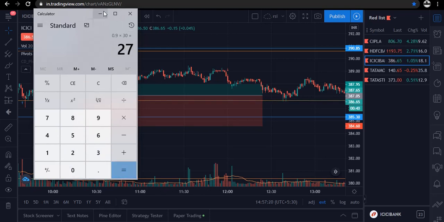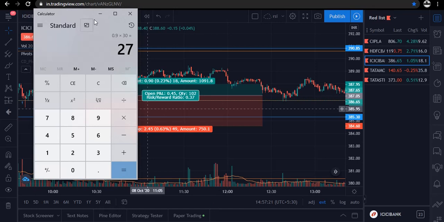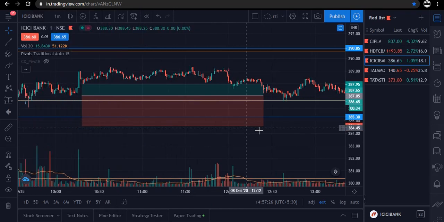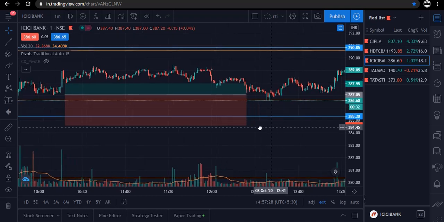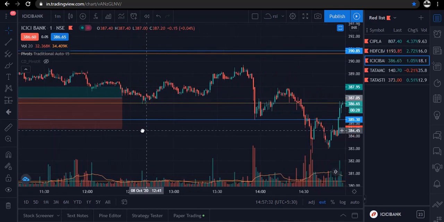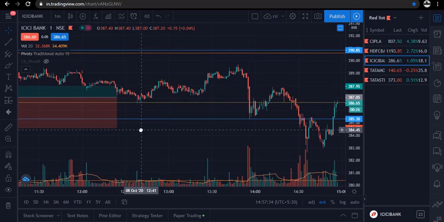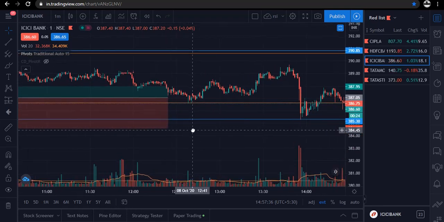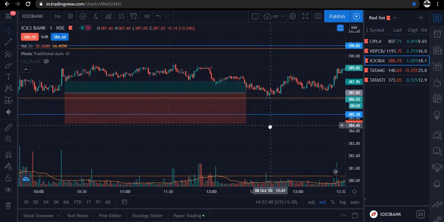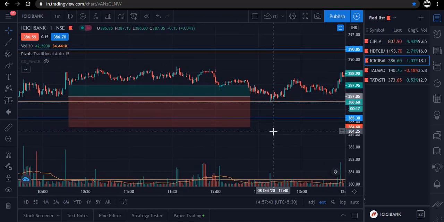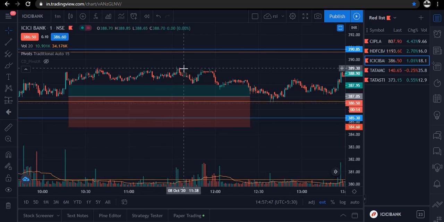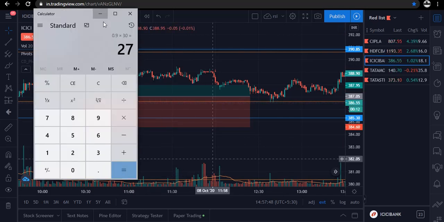So here is a profit of 27. You can see here traders, our trailing stop loss worked, because after some time it came downward, and if we were not trailing our stop loss, we would not have got even this profit. So my logic is that at least we should take some profit from the market. Okay traders, so this was our equity trade.